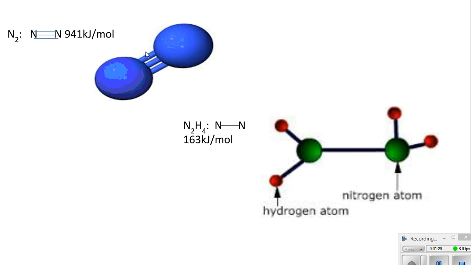Remember, a triple bond is the strongest bond. Versus in this dinitrogen tetrahydride compound, the nitrogen single bond that we got going on is only 163 kilojoules per mole. So there's a vast difference between the strengths of the bond, single to triple.